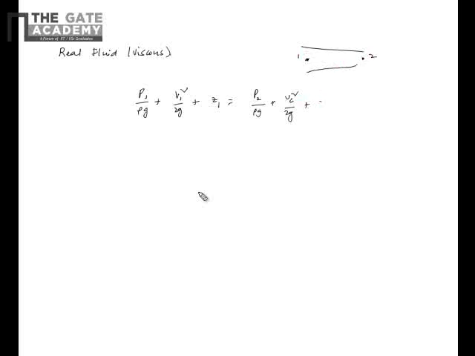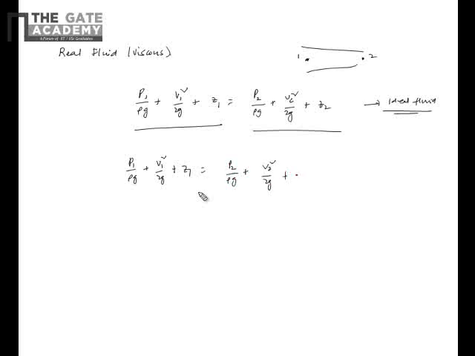So this is the case for ideal fluid. The term is constant. But for real fluid, this is not constant, and you have something called head loss, which comes because of the viscosity. Okay, this is the real fluid.